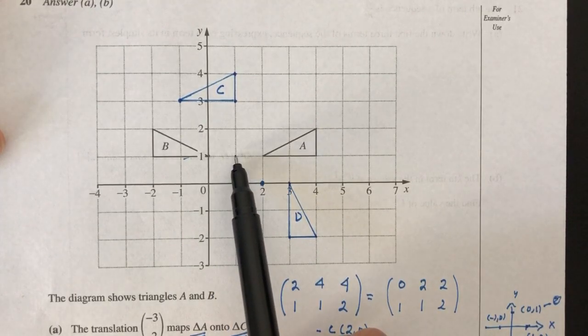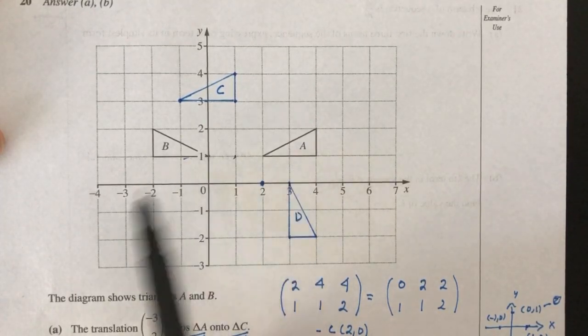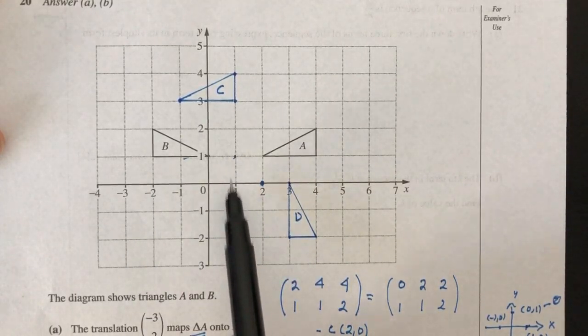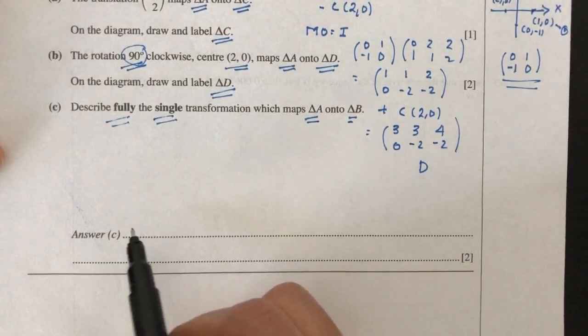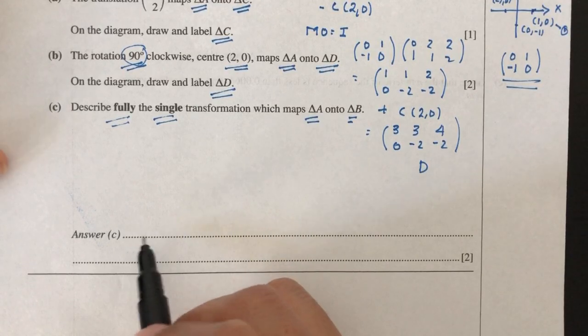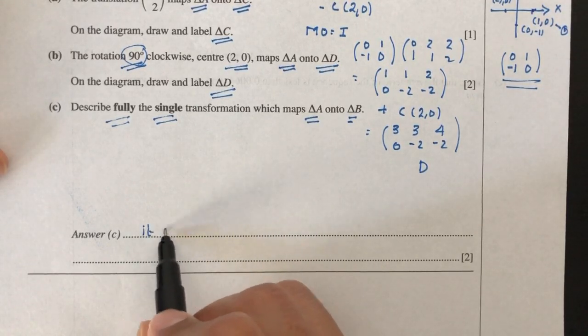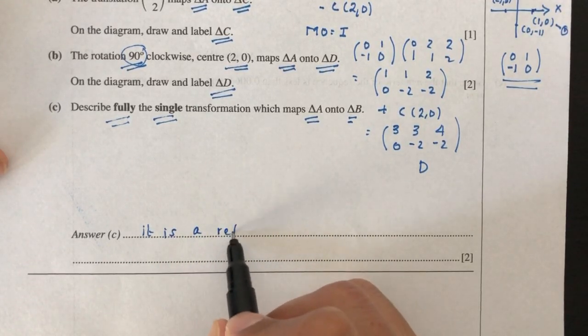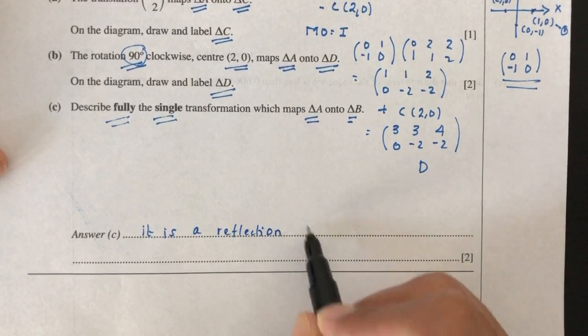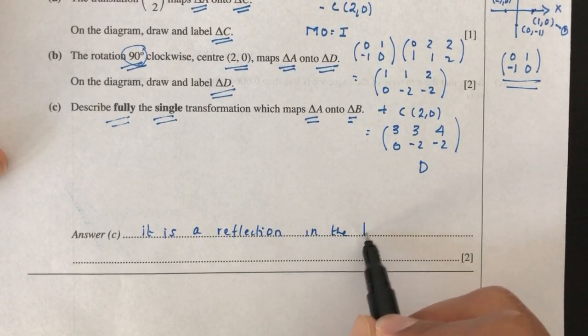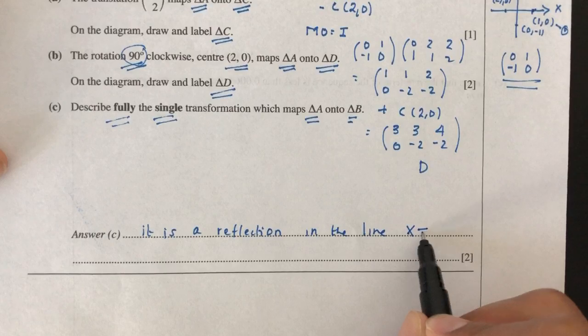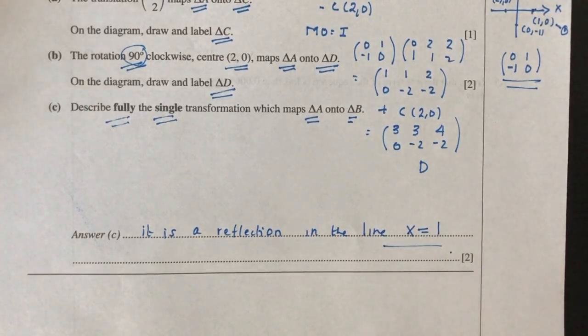So it is pretty obvious that it is a reflection in the line x equal to 1. So you write this down: it is a reflection in the line x equal to 1. That will be your answer for part C.